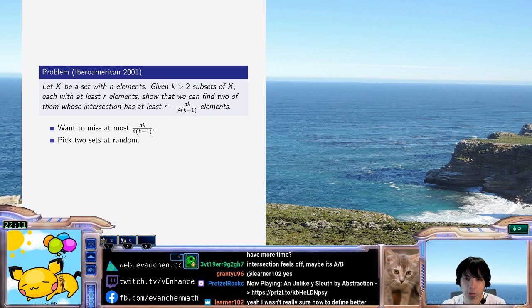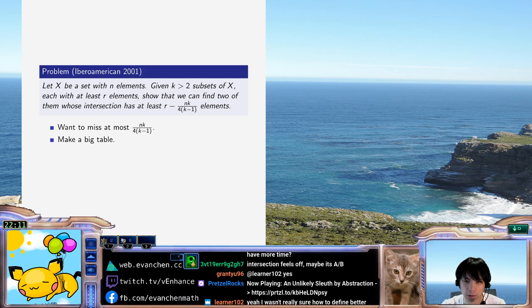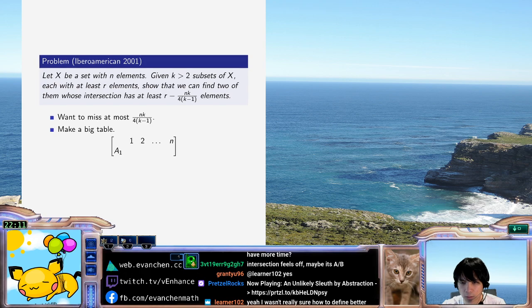Okay, how about this? Maybe it's easier if I just make a big table. The top will be indexed 1 through n. At the bottom, you have some set A1, and the set has some elements.